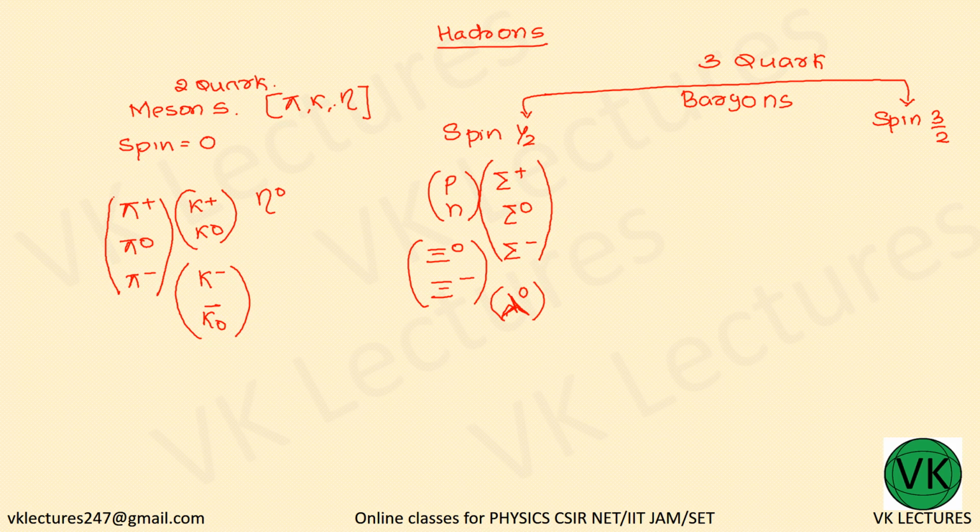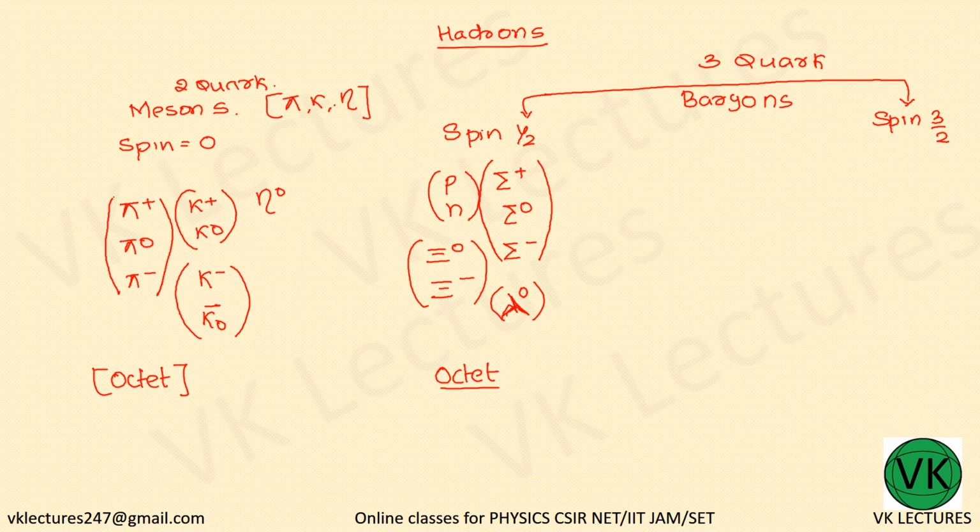Okay, now all these are spin half, and this forms octet. This is the structure formed by spin half baryon. And similarly, since there are 8 particles here in meson, they also form octet. Now this we will discuss in some time.